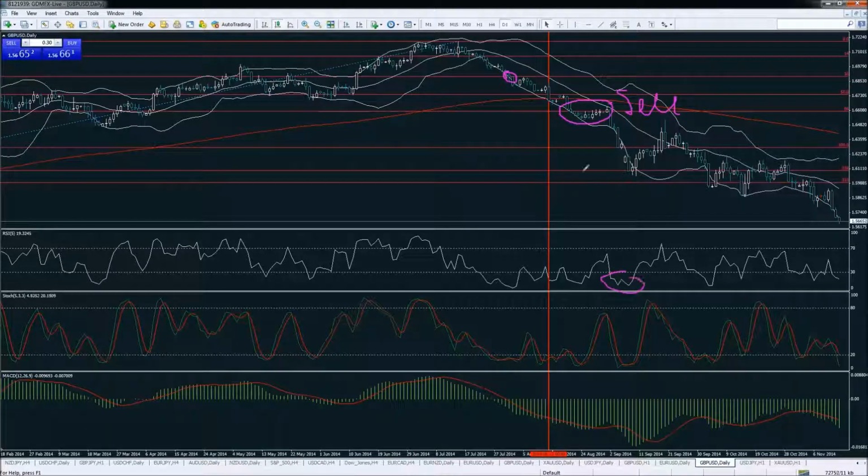Confirmation from the relative strength, confirmation from our stochastic indicator. However, in these cases, our peaks on the MACD are not so certain.